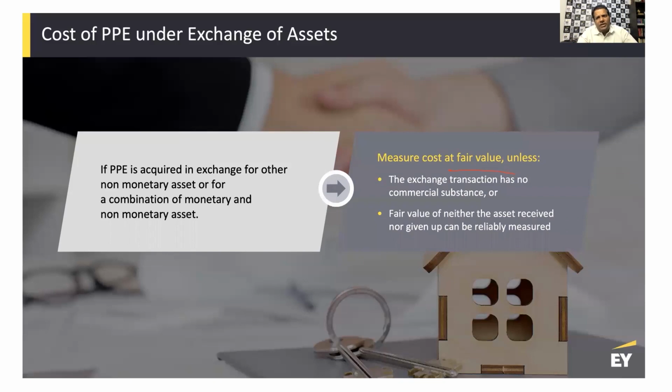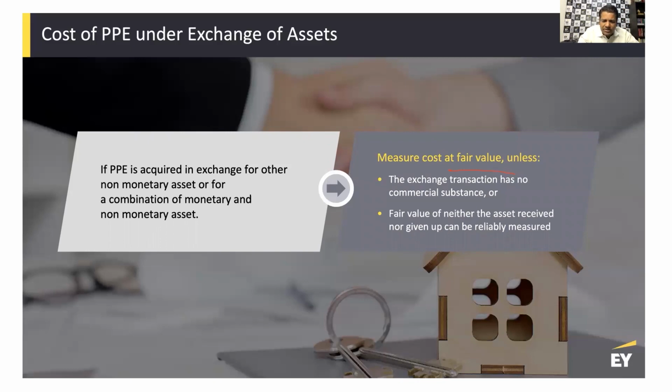If you cannot measure it, you can't do much, because remember the two conditions: it has to be reliably measurable and there has to be economic benefit. So in any exchange of one asset for another asset, Ind AS 16 expects you to record them at fair value, provided there is a commercial substance.